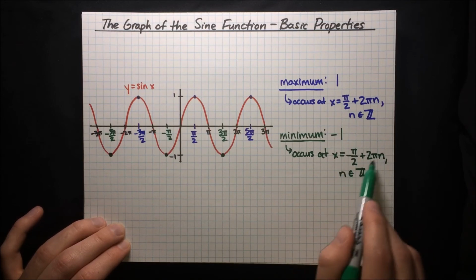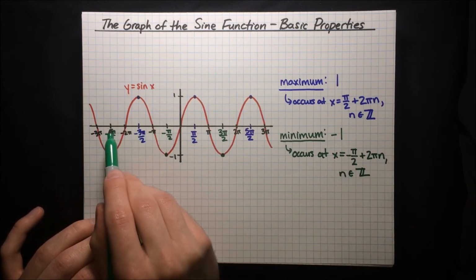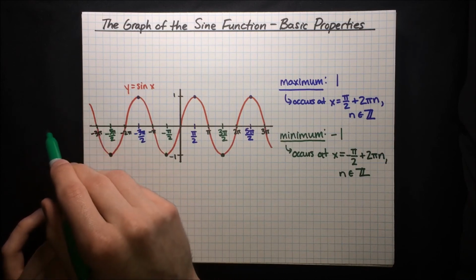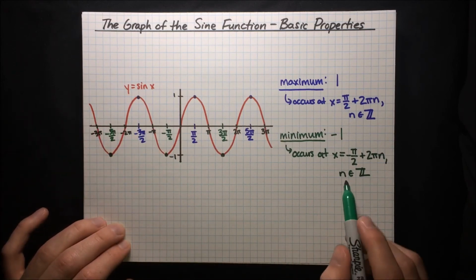And then for the negative integers, we've got our minimum points that are going backwards, -2 pi, minus another 2 pi, minus another 2 pi after that, and so on.